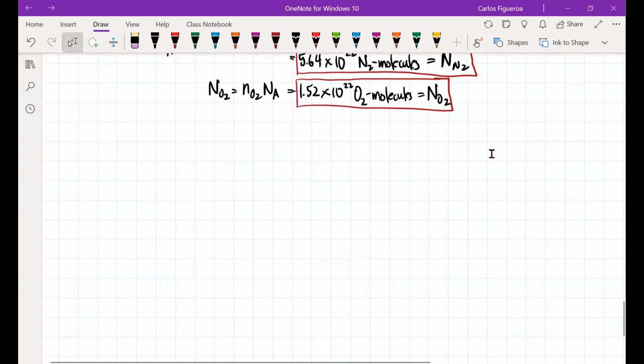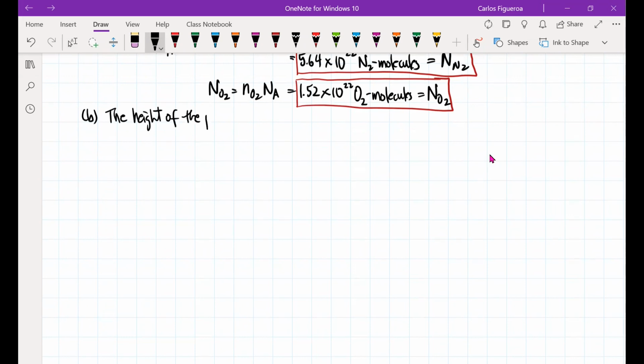So let's look at this. The height of the piston head is determined by the gas pressure inside.